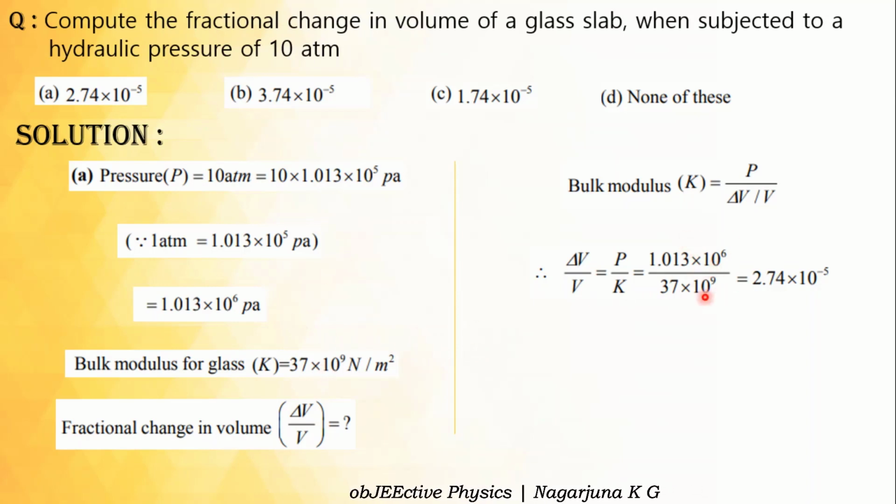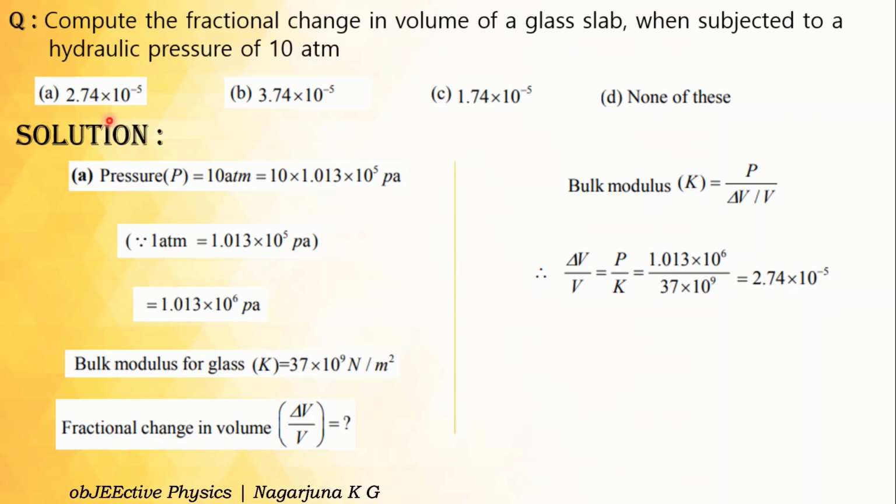So by substituting P value as 1.013 into 10 power 6 divided by K value for glass, 37 into 10 power 9, by simplifying this value we will get 2.74 into 10 power minus 5. So option A is the right option.